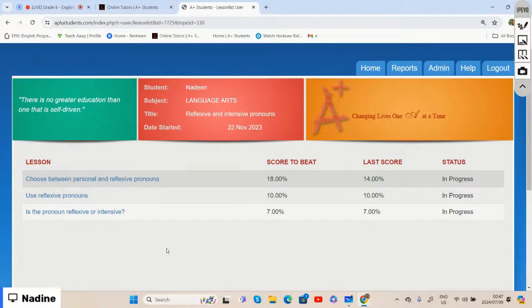We said reflexive pronouns end in self if they refer to a singular subject, and end in selves if they refer to a plural subject. Then we also have a personal pronoun, and a personal pronoun is referring to something else.